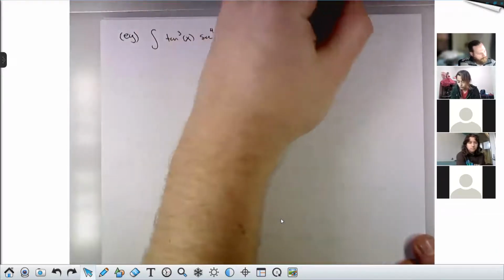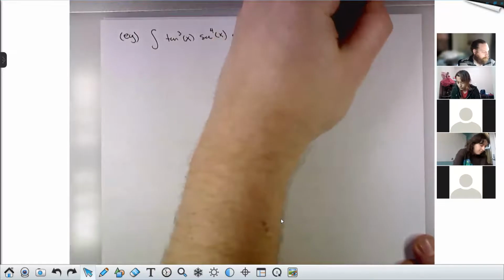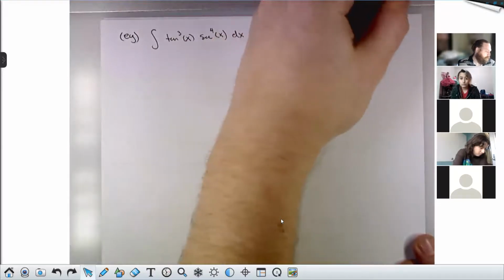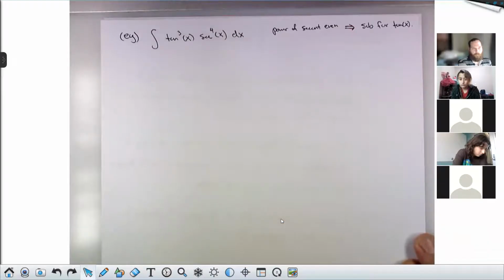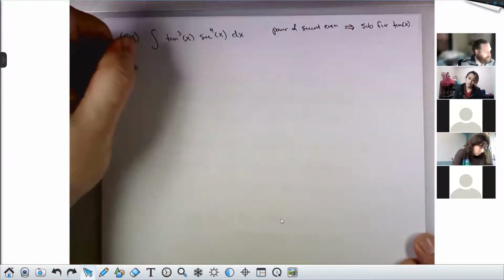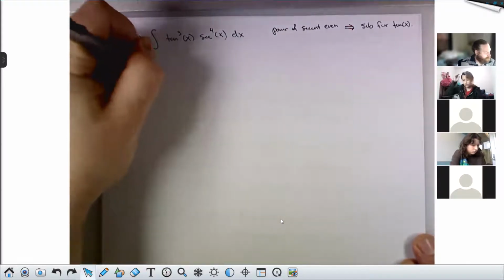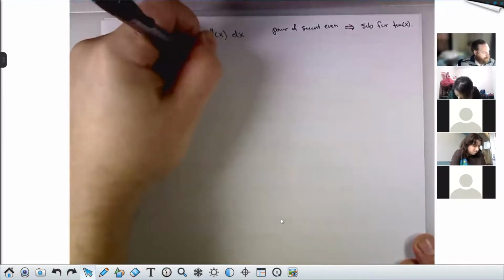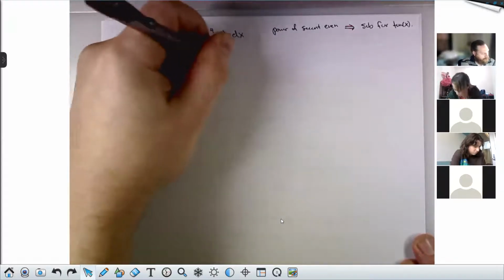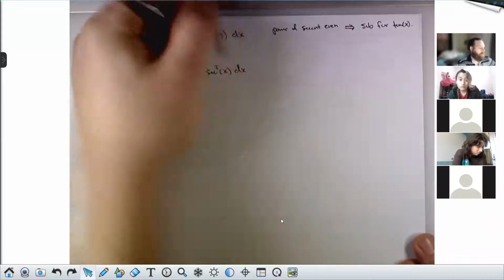So our long-term goal here, sub for tangent. What's required to do that? Well, the derivative of tangent is secant squared. So I'm going to set aside a copy of secant squared, just like we said. So what's left is tan cubed x, and then I have secant squared x times secant squared x dx.